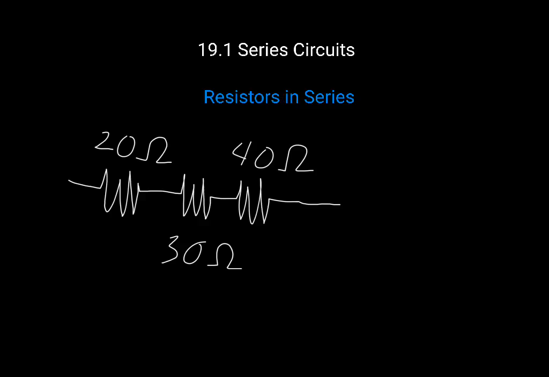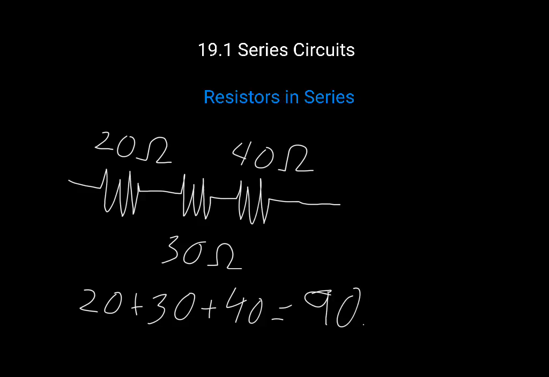If you have charge flowing from right to left, again, the resistance is going to resist that charge. So it doesn't make a difference the direction. Resistors work in both directions. To figure out the total resistance of this circuit, we would take 20 plus 30 plus 40 to give us 90 ohms.